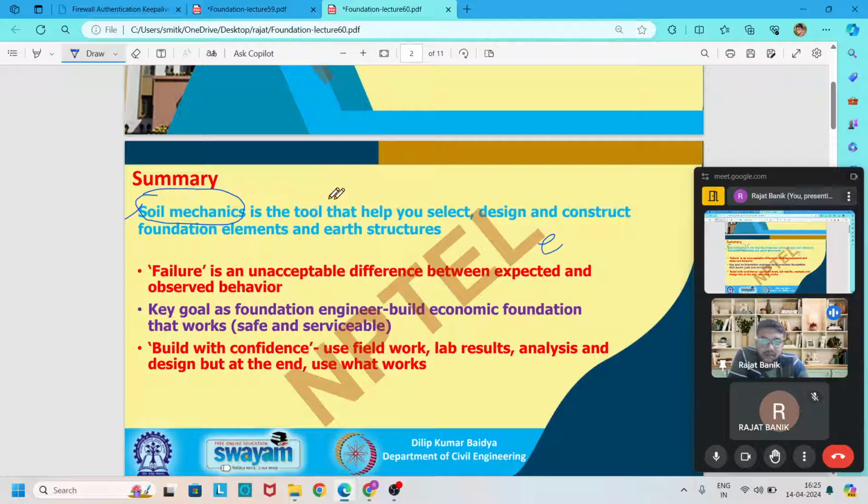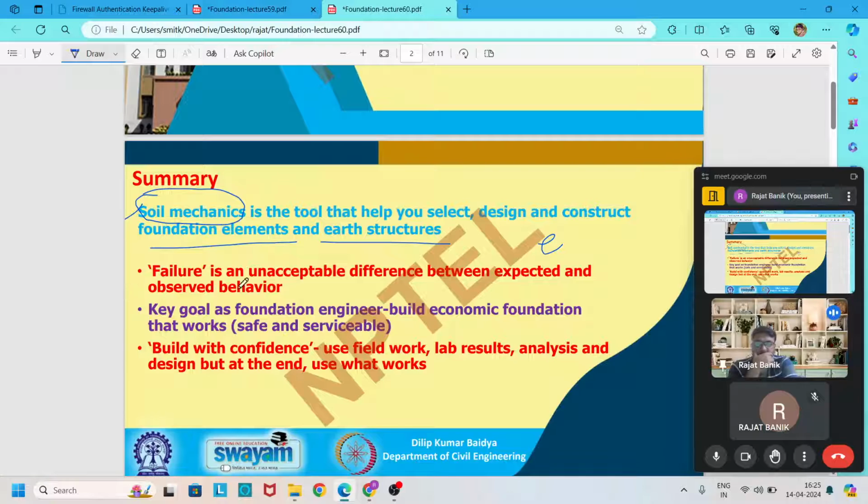With the help of this tool, we mainly design foundation elements and different earth structures like sheet pile, retaining wall, dam, embankment, and bridges, which are the major earth structures in our day-to-day life.